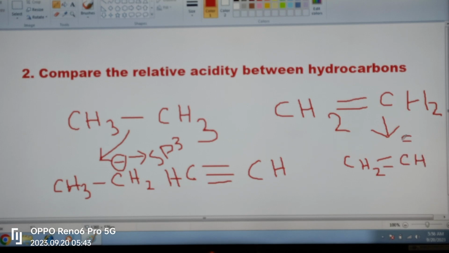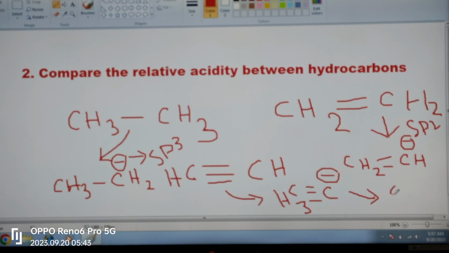This is CH2=CH minus. And for alkyne, the electron will be present in an sp hybrid orbital. So if you look at the three compounds, in alkane the electron pair of the conjugate base is present in an sp3 hybrid orbital, in alkene it is present in an sp2 hybrid orbital, and in alkyne it is present in an sp hybrid orbital.